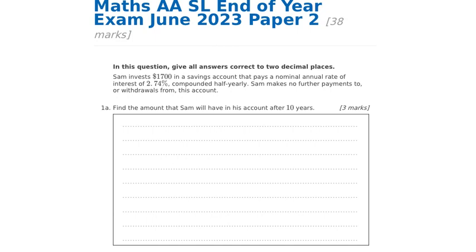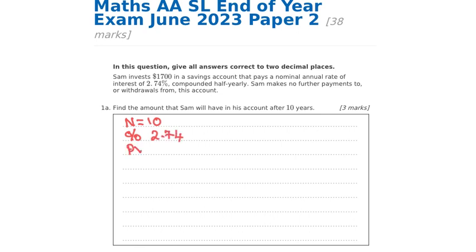You should do this question best using your financial solver on your GDC. You need to enter the following amounts. N is equal to 10 because we have 10 years. The percentage rate is 2.74%.